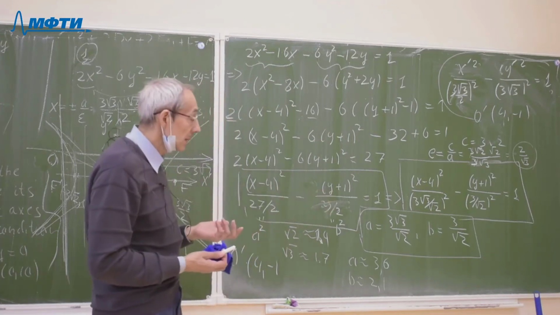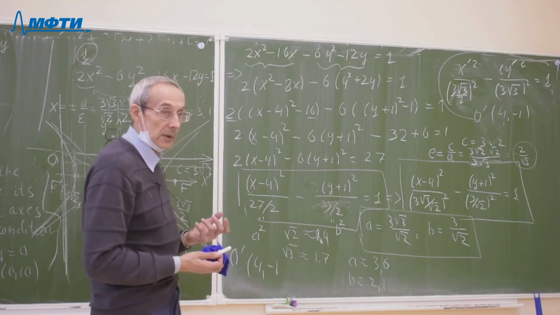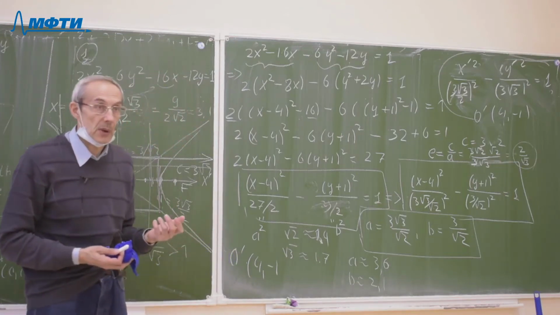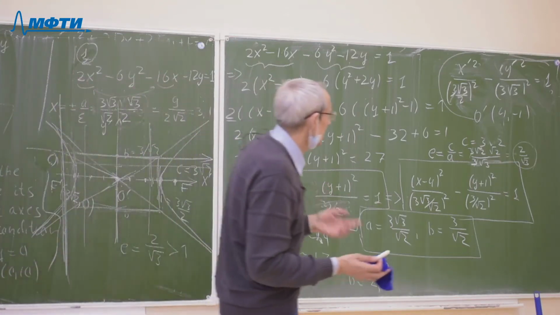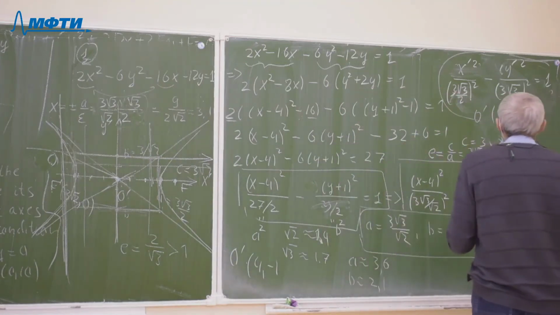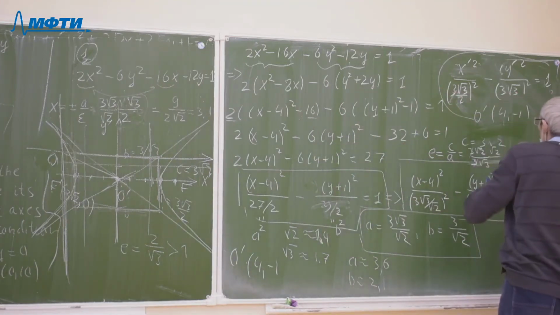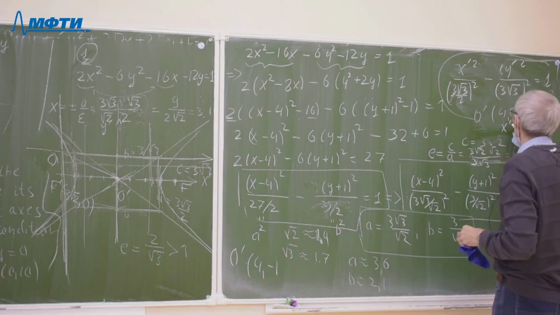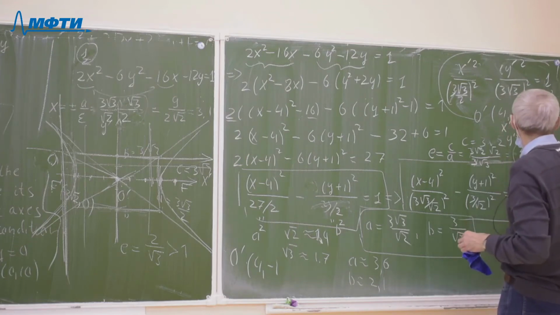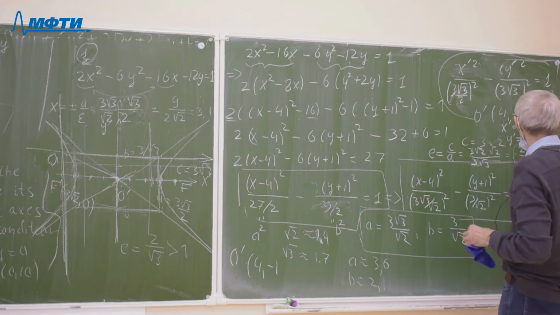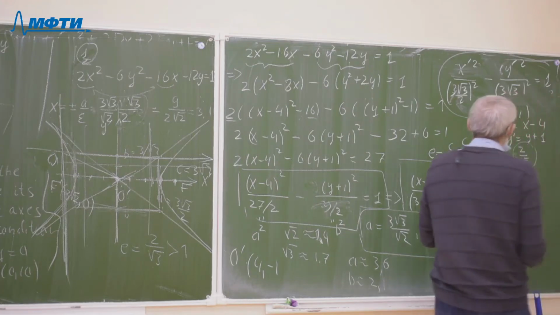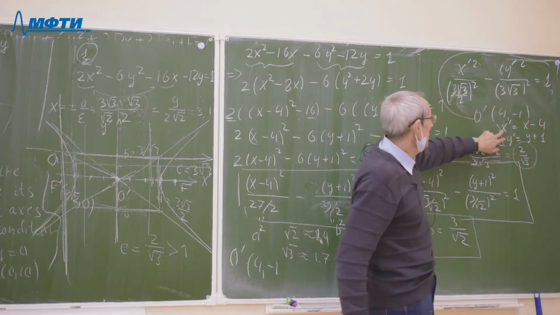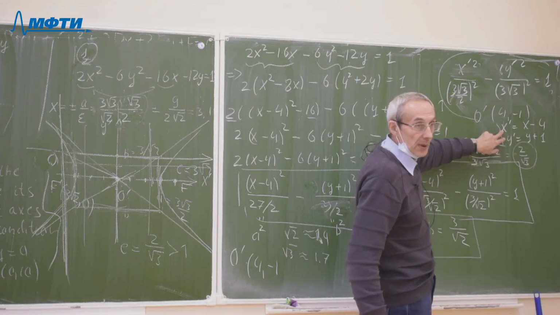And we can introduce a new coordinate system with the following coordinates: x prime is equal to x minus 4, y prime is equal to y plus 1. I introduce the new coordinate system.